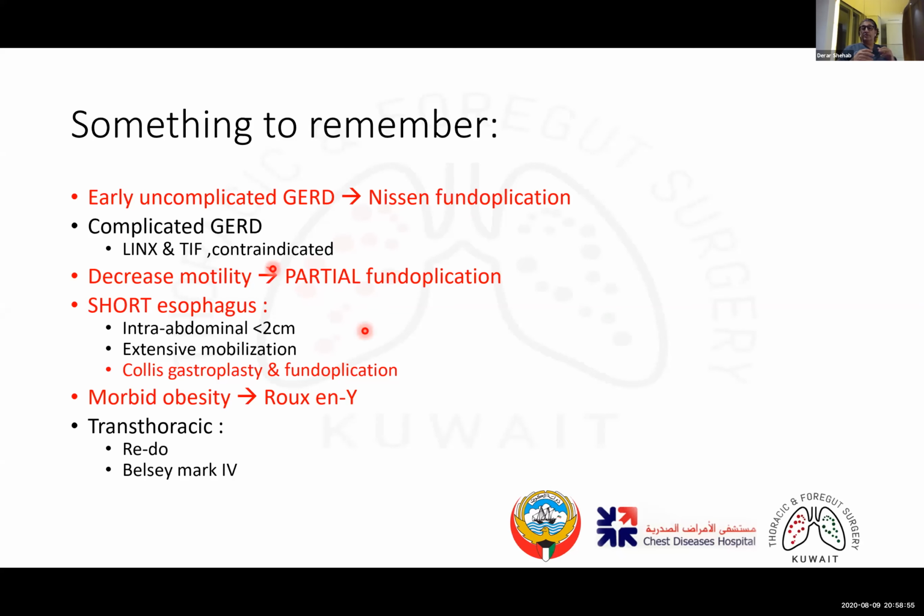That is, if you have intra-abdominal esophagus less than 2 or 2.5 centimeters, plan ahead that you want to do some sort of lengthening procedure of the esophagus, like Collis gastroplasty. For morbidly obese patients with GERD, I think Roux-en-Y is probably the best choice because it deals with GERD and also with the weight loss.